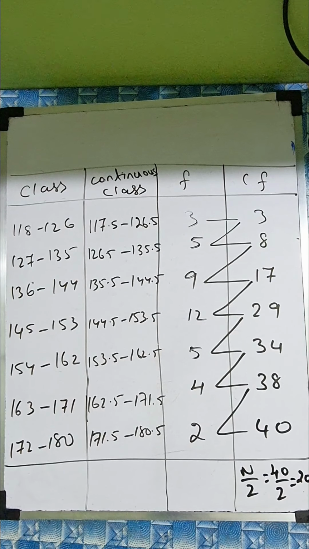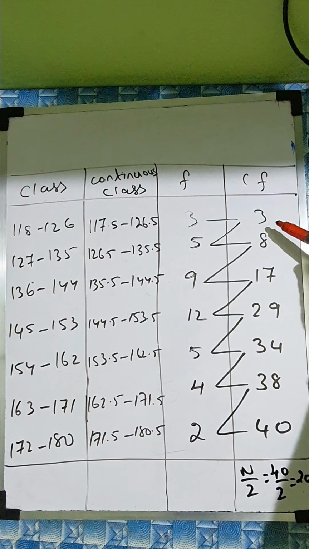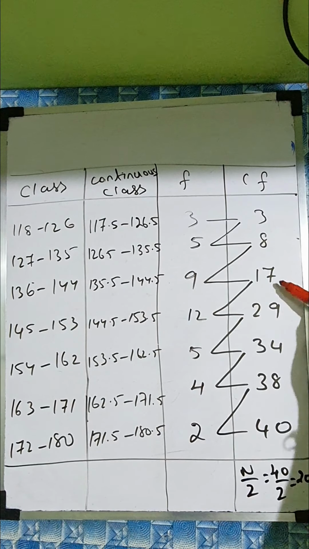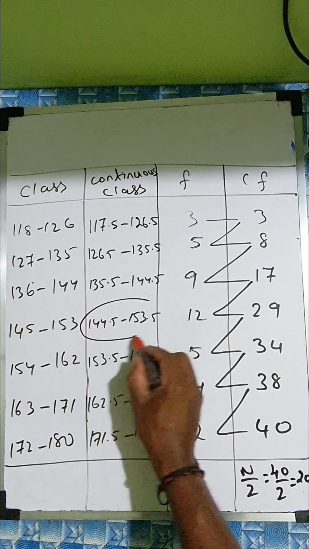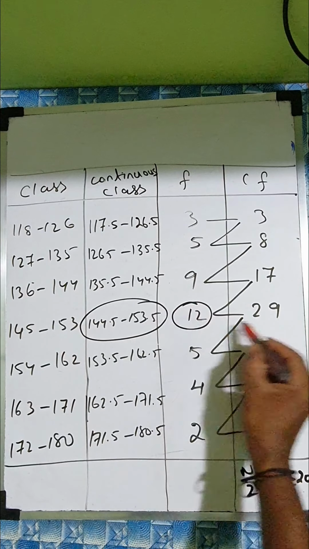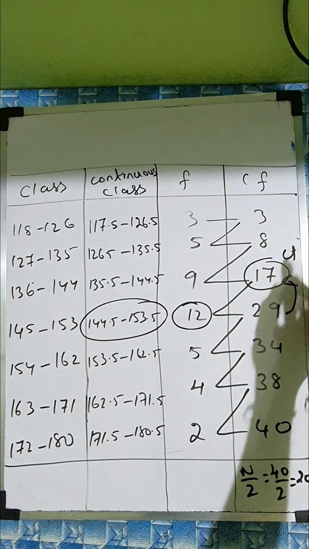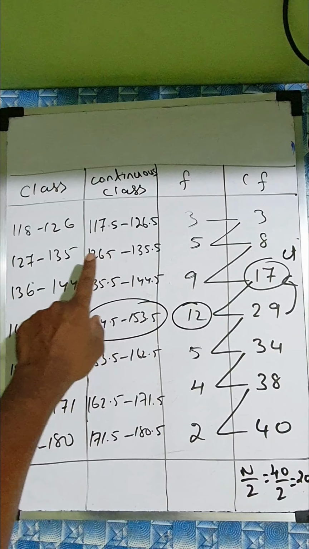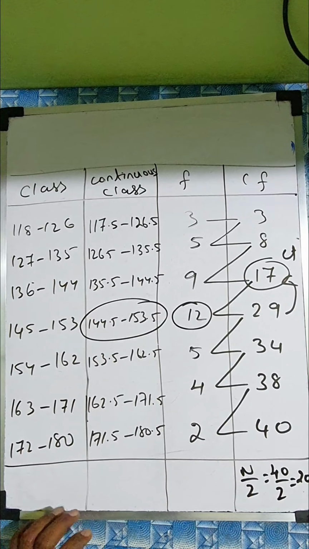So for 20, which one will we take? We can't take 17, because even if it were 18 we cannot take 17; we'll come to the next one. So we'll take the class 144.5 to 153.5, and frequency is 12, and CF is the one before, that is 17, and the class size is 126.5 minus 117.5, which will be 9.